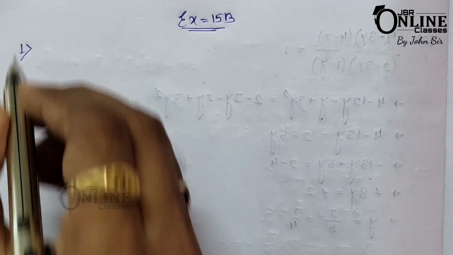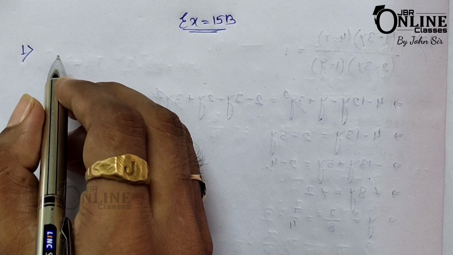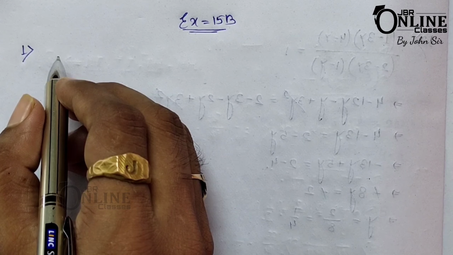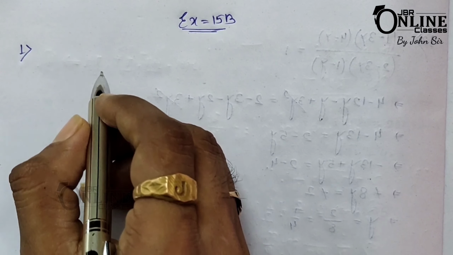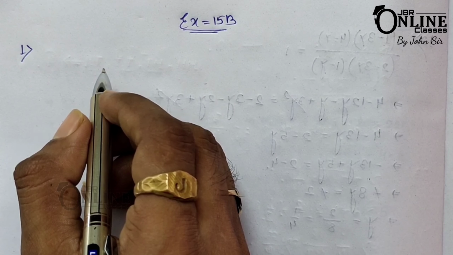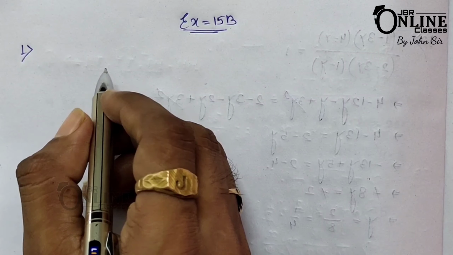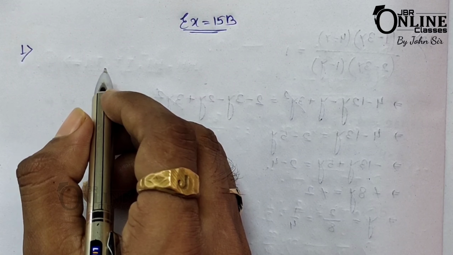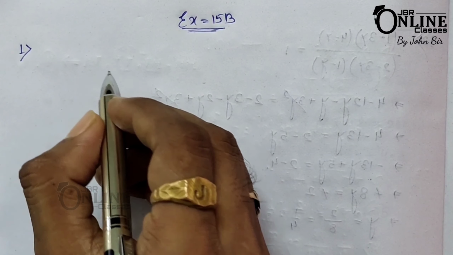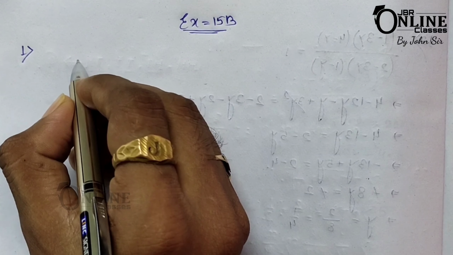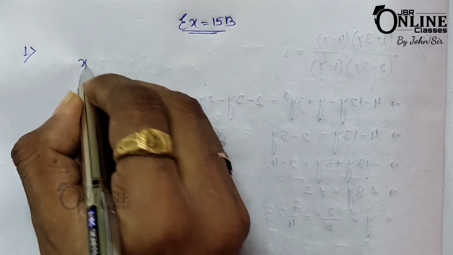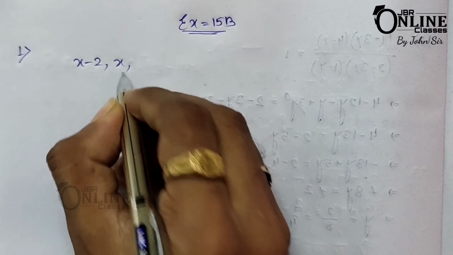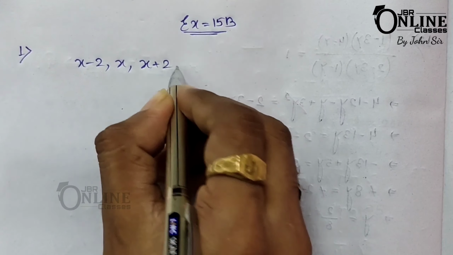Sum number 1: the sum of 3 consecutive odd numbers is 87. What are the 3 numbers? If the middle one is x, then the previous one will be x minus 2 and the next one will be x plus 2.